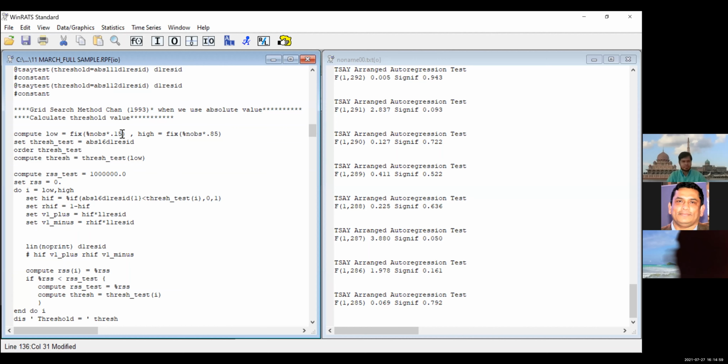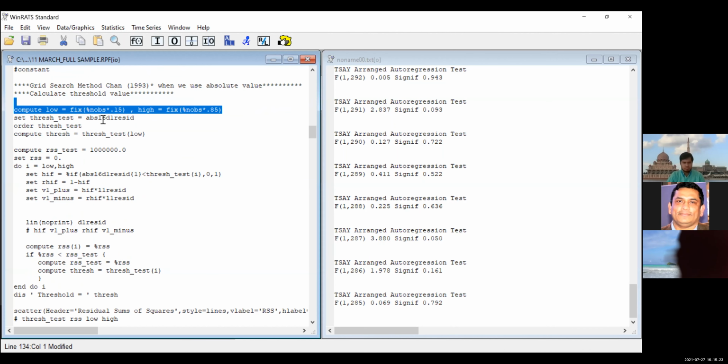I mean the lowest 15% of observations are eliminated and the highest 15% eliminated. So it's just this threshold value identification. The Chan model will find a threshold value from the 70% of observations in the middle, not in the pool like the lowest 15 or the highest 15. And then you see in the equation that we found the delay is 6.